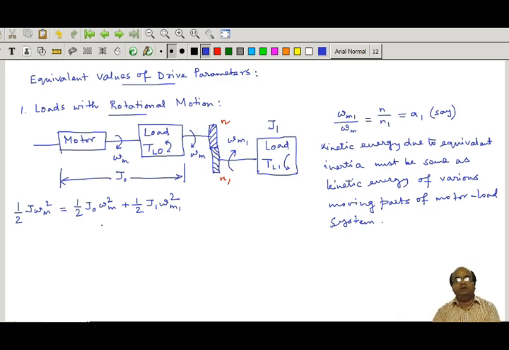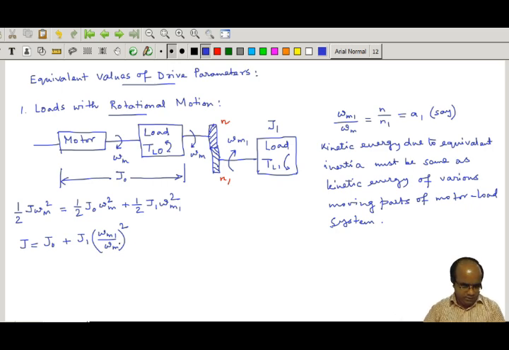Okay. Now dividing both sides by omega m square, J will be equal to J0 plus J1 into omega m1 by omega m square.